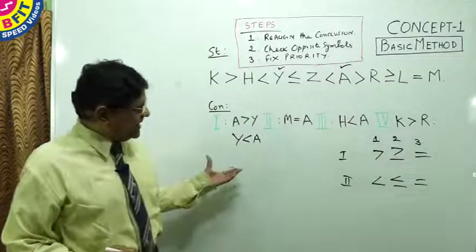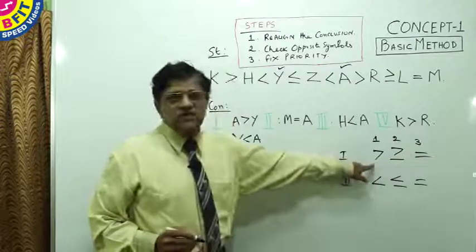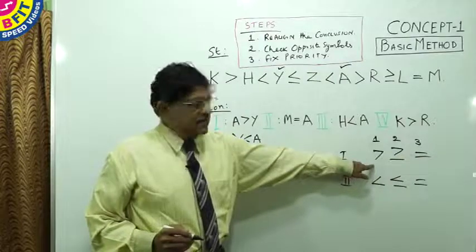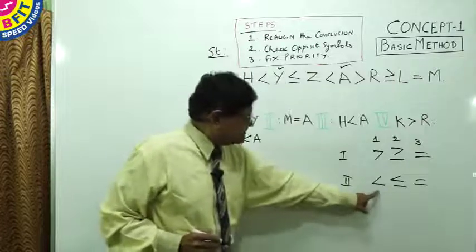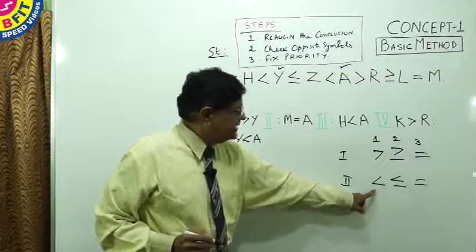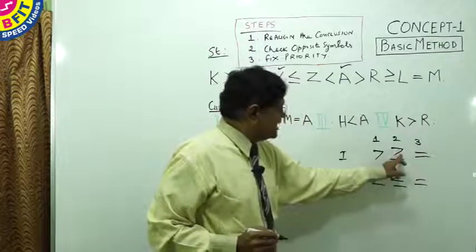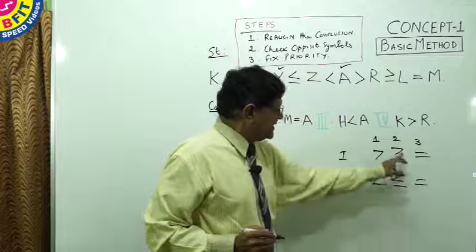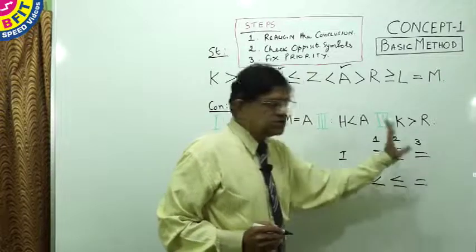If in between the elements all the 3 come, then the first priority goes to greater than. If all these 3 symbols come, the first priority goes to less than. If it is not coming, only these 2 symbols come, then the second priority goes to greater than or equal to, less than or equal to. If nothing comes, then the third priority goes to is equal to.